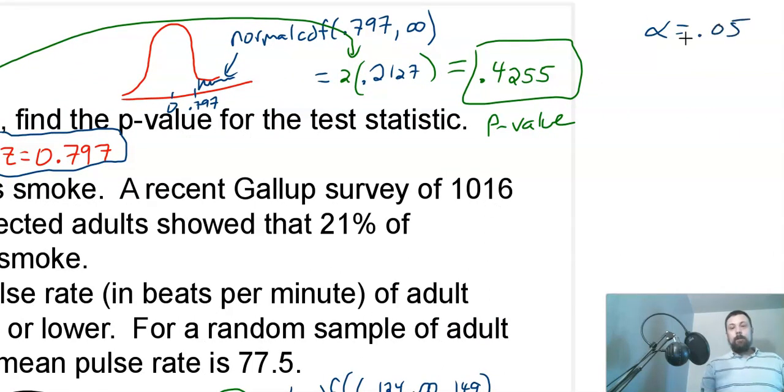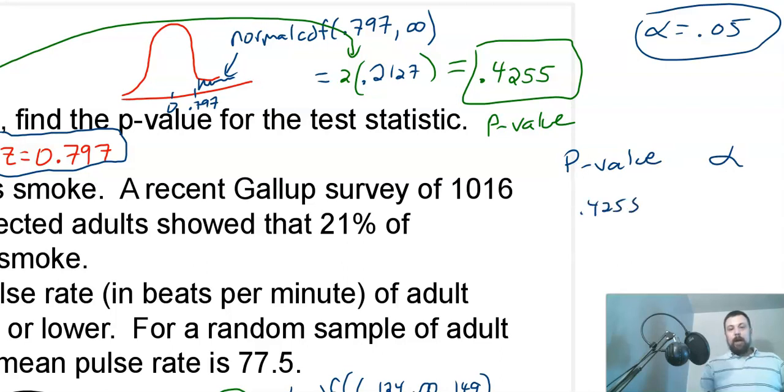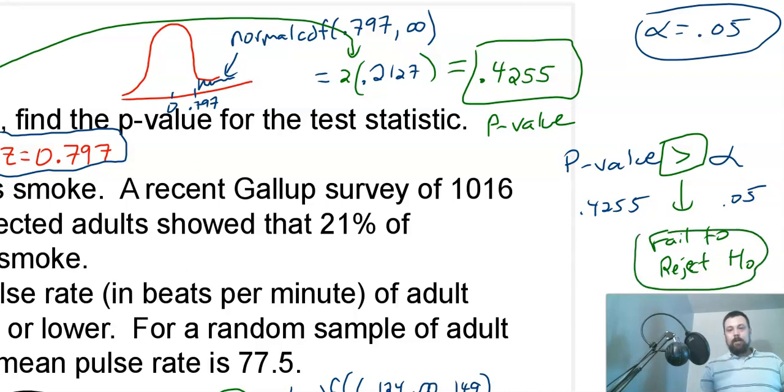Right? So alpha is 0.05. Our p-value is 0.4255. So the p-value is greater than alpha in this case. If it's greater than, we fail to reject the null hypothesis. So that's how you make your initial conclusion there. Fail to reject the null hypothesis.